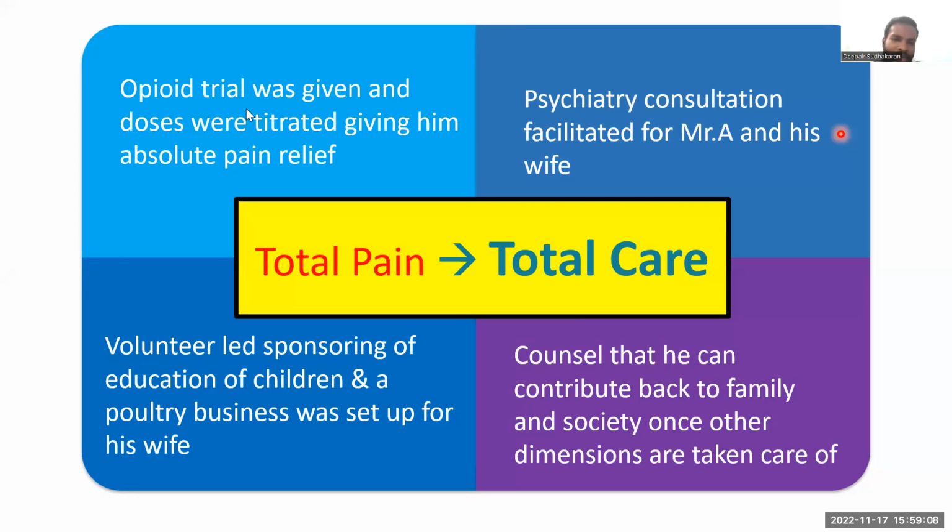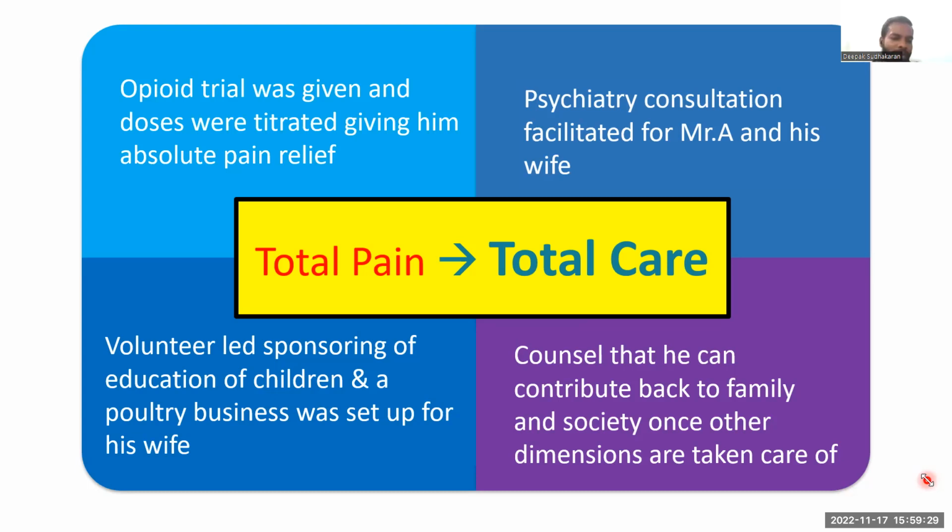Of course, not all of it. At the end, we cannot expect such a person to be 100% okay, right? Because at the end of the day, there are issues which he has to face. The disease is not going to go away, and there may be death, which he may have to face in the near future.